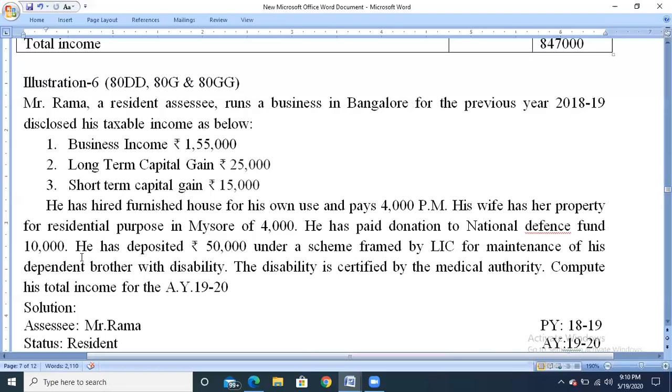So the first category says that any amount given by the assessee to specified institutions, either national level or state level, or for any disasters or earthquakes, he can claim 100% of the amount as deduction without any maximum limit. They have given the list.